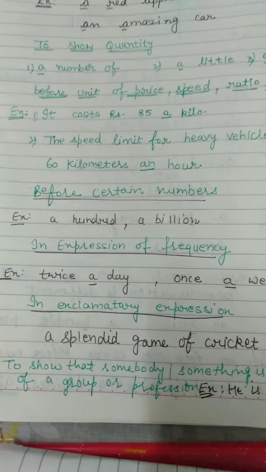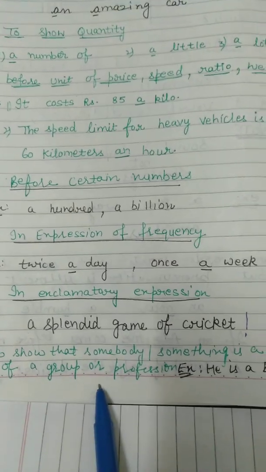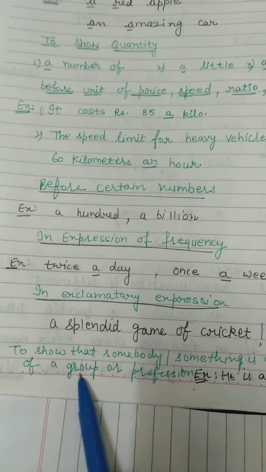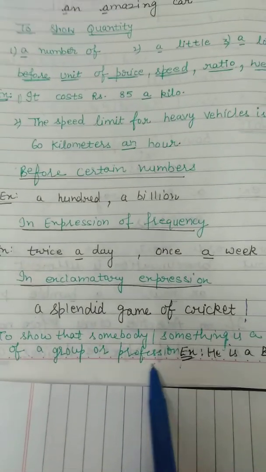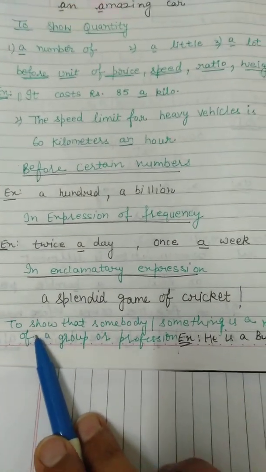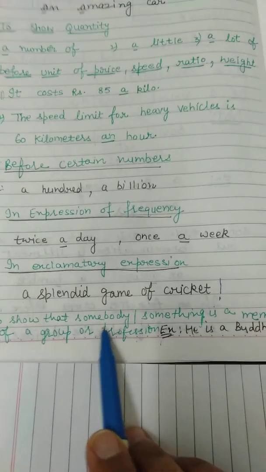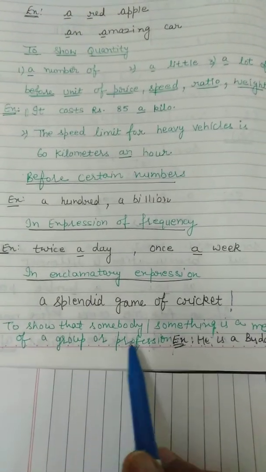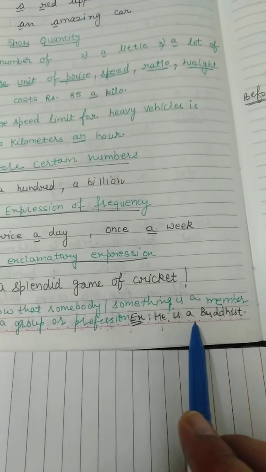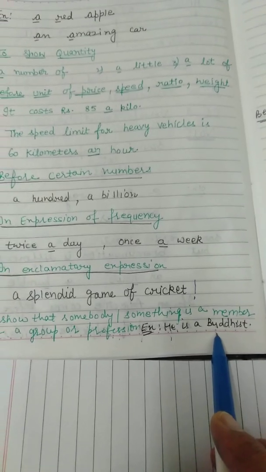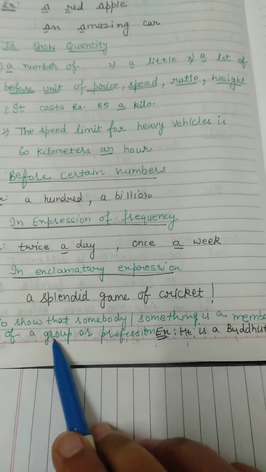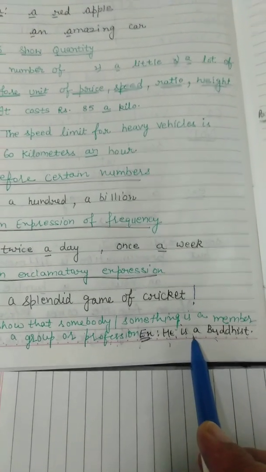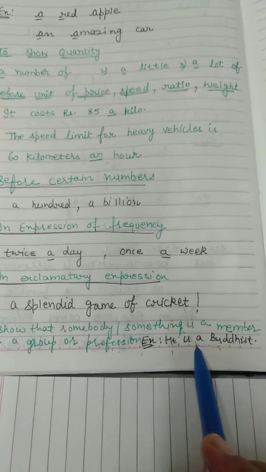Next is to show that somebody or something is a member of a group or profession. For example, he is a Buddhist, means he is a member of a group. That's why a is used. Now let us see more uses of a.